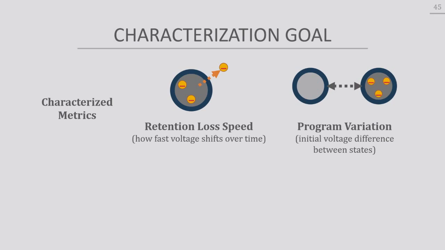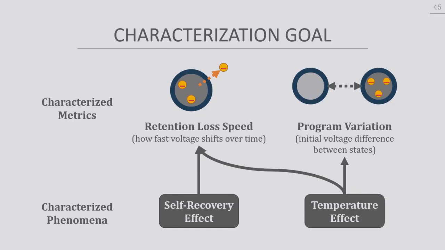The first metric that we use for our characterization is the retention loss speed, which measures how fast the voltage shifts over retention time. And the second metric is the program variation, which is the initial voltage difference between highest and lowest voltage state. Essentially, we focus on how self-recovery affects retention loss speed, as well as how temperature affects both retention loss speed and program variation. And I'll introduce the results later. But essentially, the self-recovery doesn't have a lot of effect on the program variation, and that's why we don't study them.